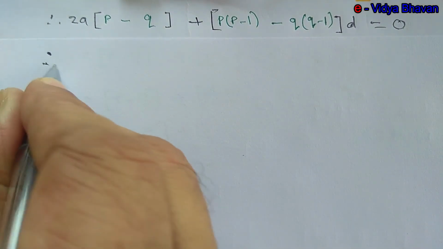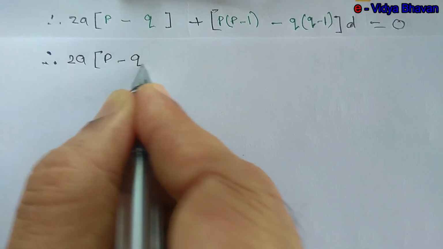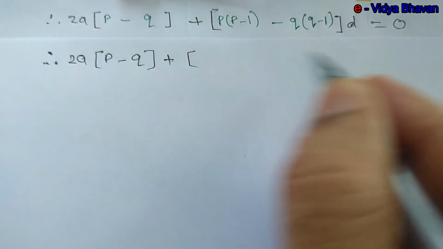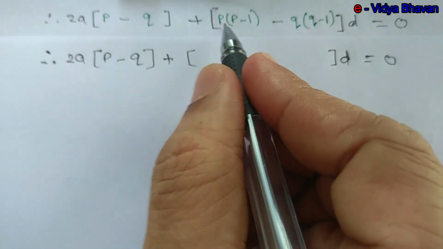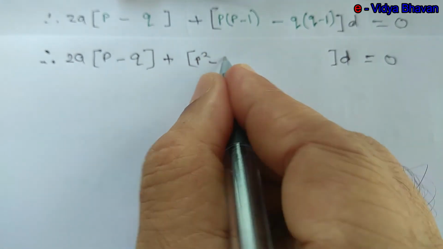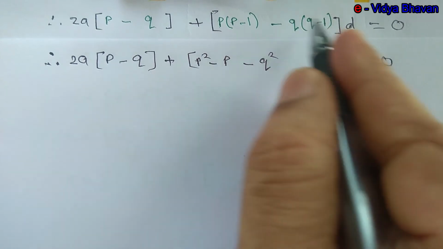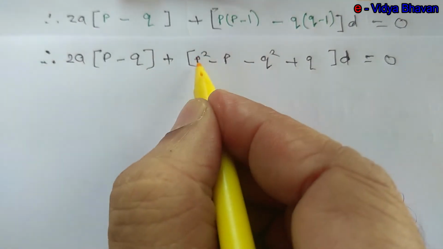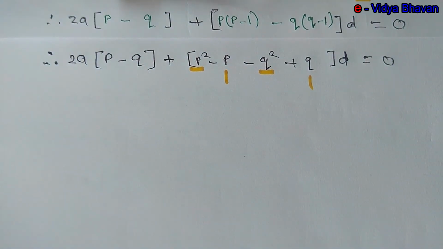Now, 2A bracket P minus Q plus, open the bracket, P into P will give me P square, P into minus 1 will give me minus P, Q into Q will be giving minus Q square, minus minus plus Q. Now let us take this P square and Q square together and this minus P and plus Q together.